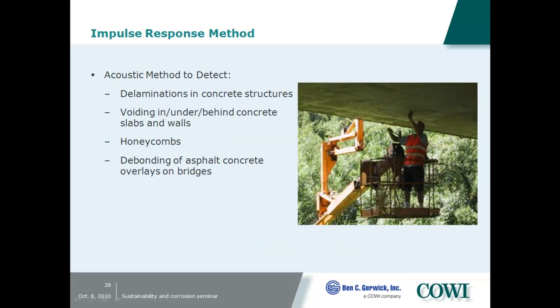Another very strong method, in my view, for detecting cracks, but also hidden degradations, is the impulse response method. It's an acoustic method for delamination in concrete structures, voiding, honeycombing, any debonding on any structures. This is a bridge deck. You have a hammer with a built-in load cell, and you have a geophone that will pick up the signals on your structure.